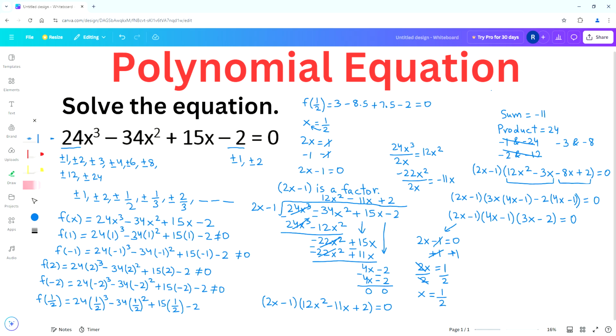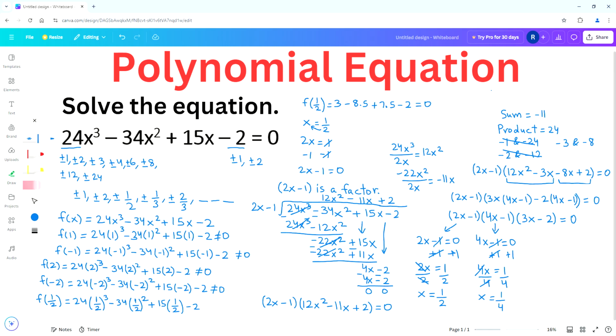Now we can analyze the second factor. We should set it equal to 0 and solve for x. So the second solution is 1 over 4.